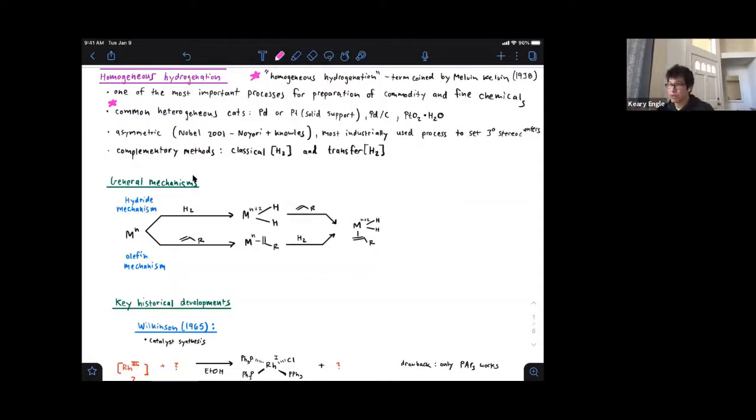Sometimes it's mesoporous carbon or there are other supports as well. And we talked about some of the advantages or disadvantages, heterogeneous versus homogeneous.